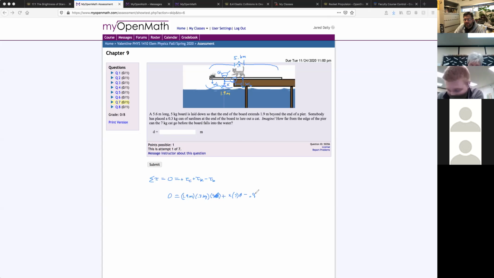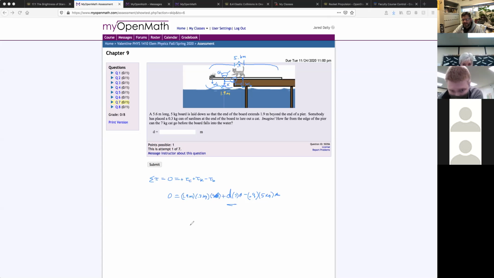That one ends up being 0.9 times the weight of the board, which is the mass of the board times gravity. Mass of the board is 5 kilograms. And then times gravity, which we'll scratch out. So this ends up being our equation we solve for x. And that's actually D, I guess, in this problem. And everything else we know.